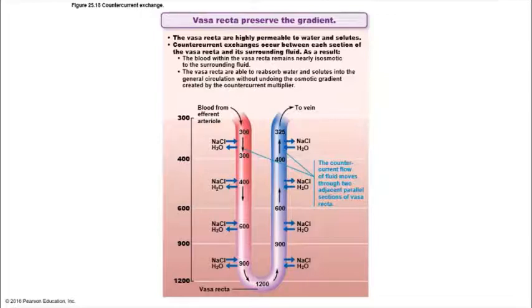So it will reabsorb or secrete sodium and water depending on what the change is in that interstitial fluid, because it wants to match it. And it turns out as you're approaching that ascending limb, it's going to reabsorb some water as it's approaching the cortex to dilute itself out. So you'll see larger blood volumes in that ascending limb as you're coming out towards that cortex side into a vein.